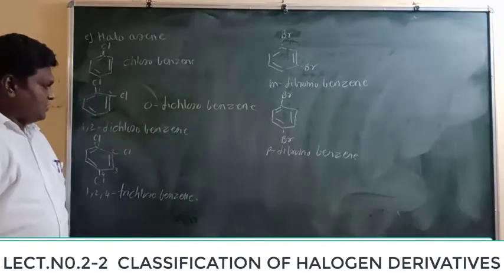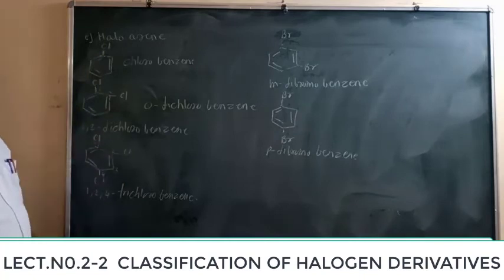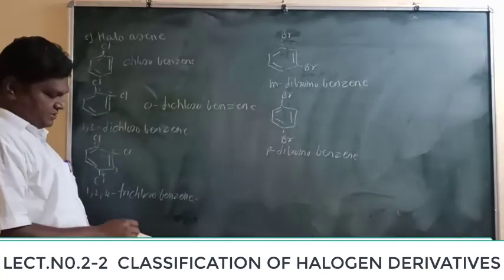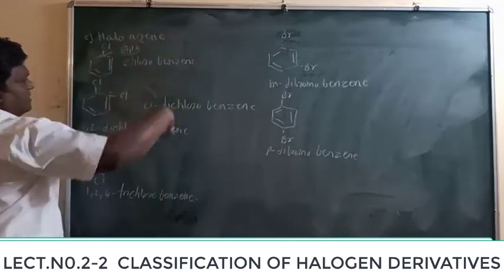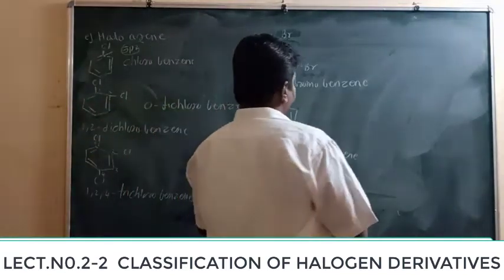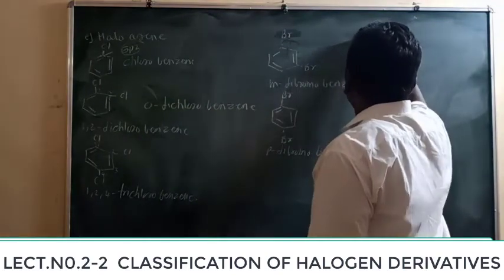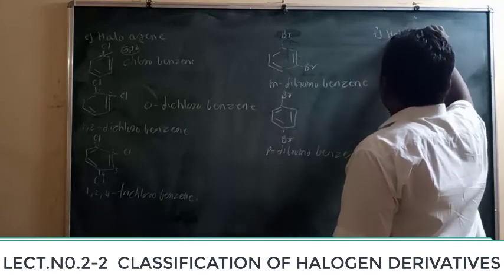So it depends upon the nature of the bond. In all these examples, you will find that the halogen atom is attached to the carbon atom which is sp2 hybridized. All the carbon atoms in this case are sp2 hybridized. To start with the next one, it is called as haloalkyne.